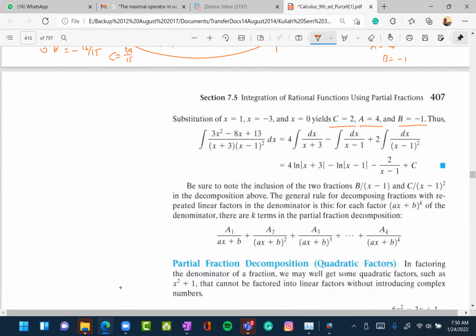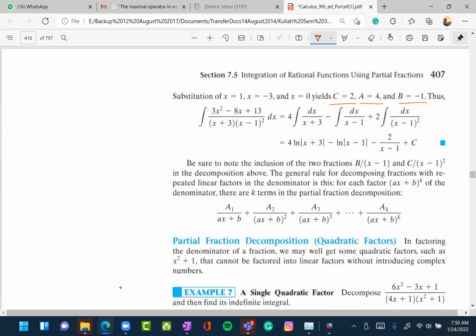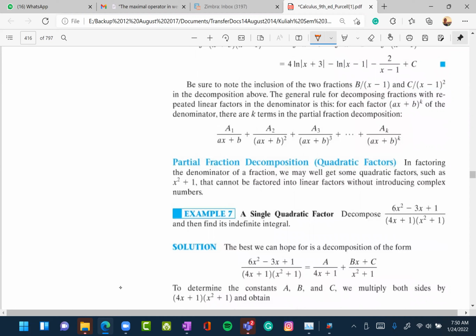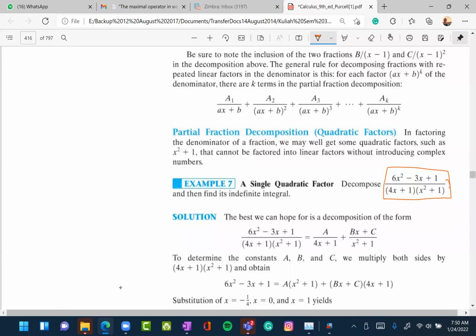Okay. All right. So that's the combination of linear, distinct, and repeated factors. All right. So let's see if you decompose something like this one here. For example, this. Here the linear factor should be 4x plus 1. And x squared plus 1, there's no way you can simplify this further.